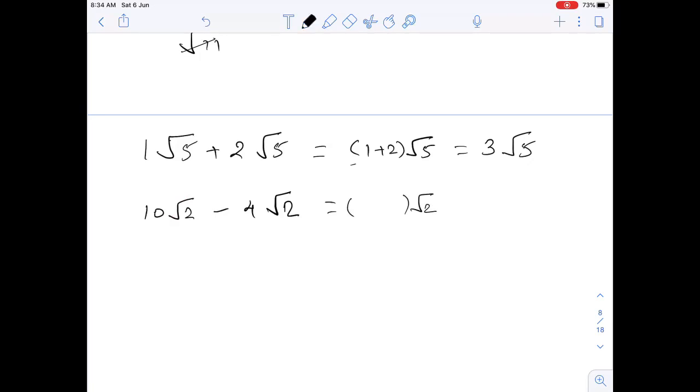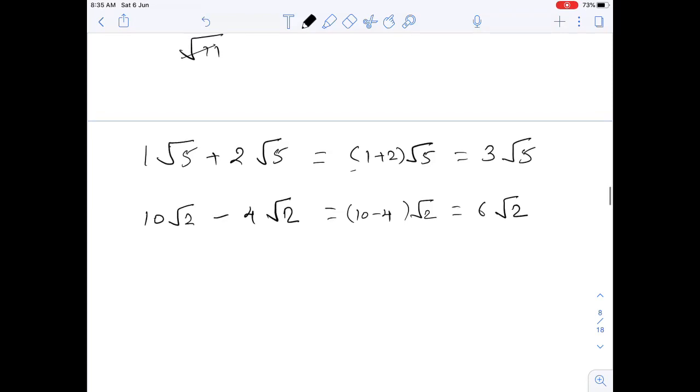Inside the bracket we can write the remaining numbers, that is 10 minus 4. So you will get 10 minus 4 root 2, that equals 6 root 2. Clear?